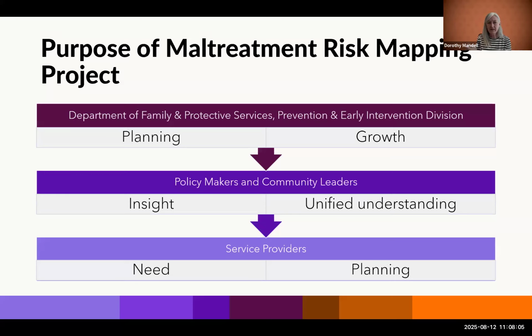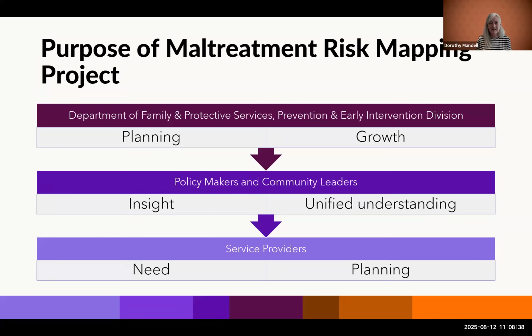So the first thing I want to talk about is why we developed these risk maps. The risk maps were originally developed in collaboration with the Department of Family and Protective Services, when it was the prevention and early intervention division. They wanted something that they could use to make decisions about where funding should go and where the biggest needs were within the state.